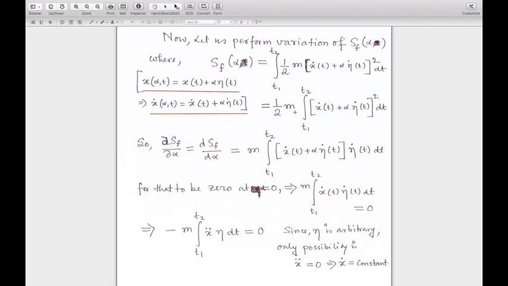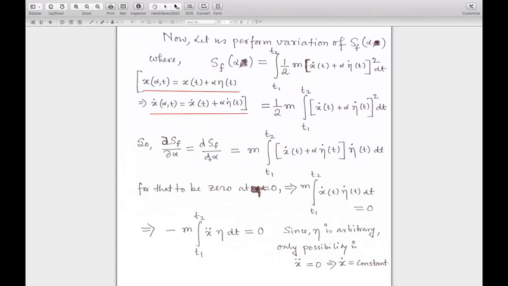You just take 2 out, so the 2 and the half will go away, and this part will be there, and then you are doing differentiation with respect to alpha. If you are confused, here you can always write d by d alpha, because this is after integration.